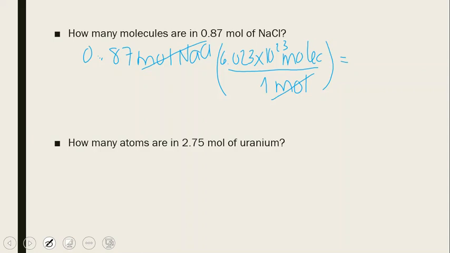And this time we have to multiply this by this, and the result is 5.24 times 10 to the 23rd molecules of sodium chloride.